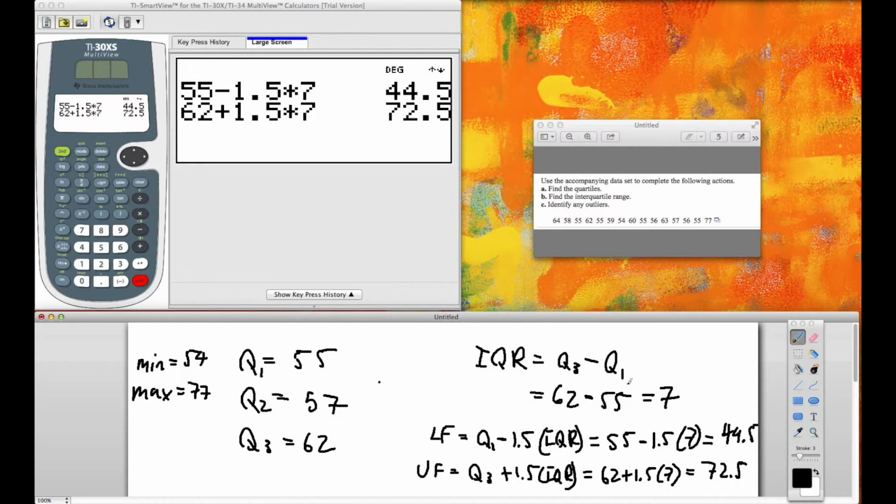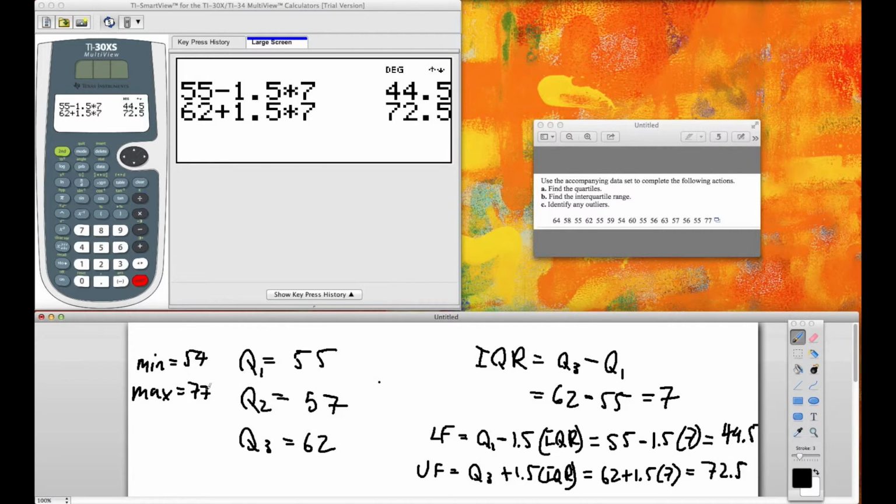So in order to find the outliers, we have to find what numbers go out of this range. Whatever is between 44.5 and 72.5 is within the range. Whatever is lower than 44.5 or higher than 72.5 are the outliers.